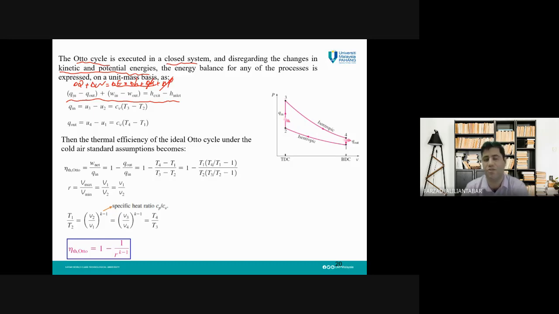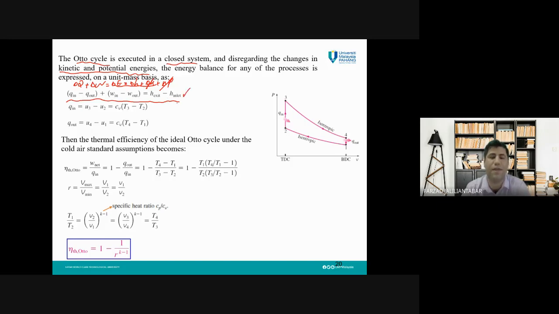Q in minus Q out, which is changing the energy of the system due to the heat transfer to or from the system, plus W in minus W out, which is the work which is done by the system or on the system, and this is the change in the energy of the system.